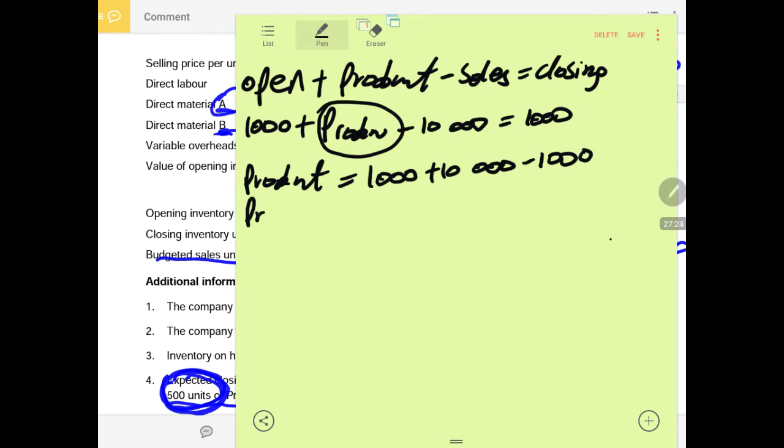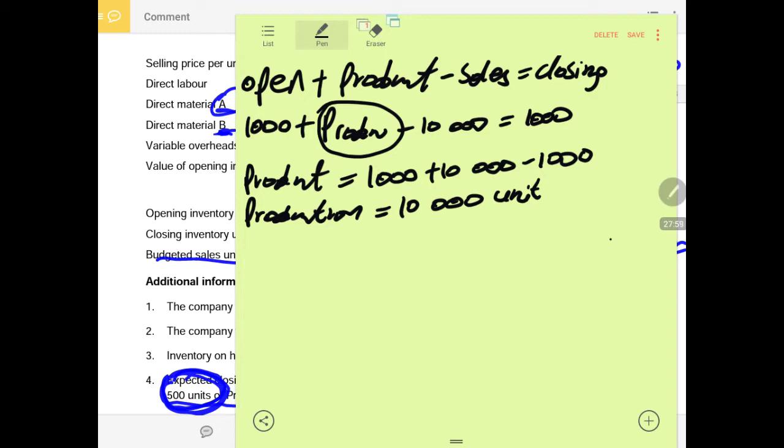That means our production will be 10,000 plus 1,000 minus 1,000. It gives us the entire 10,000. Now that means the number of units being manufactured during the year will be 10,000 units for this product.